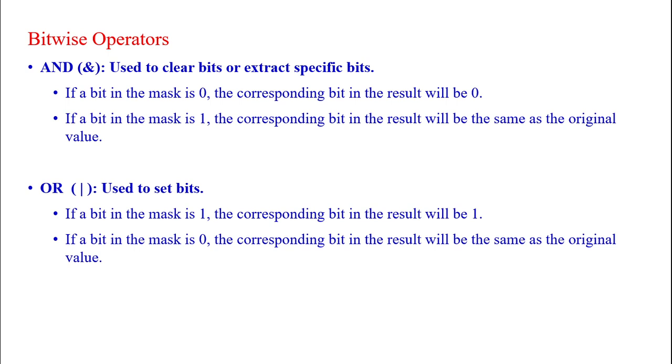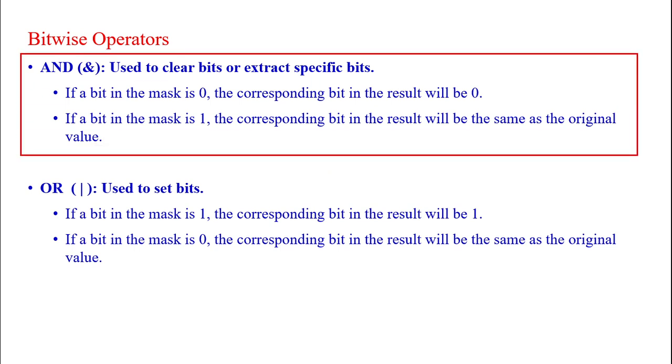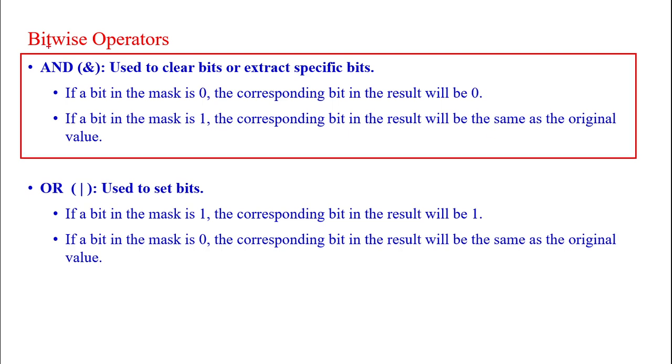What are the different bitwise operators we're going to use? In our C programming, there are different bitwise operators. Out of those, we have considered only the very important ones which will be useful for our embedded programming. The first one is the bitwise AND operator. We're going to use the bitwise AND operator in our bit masking concept.